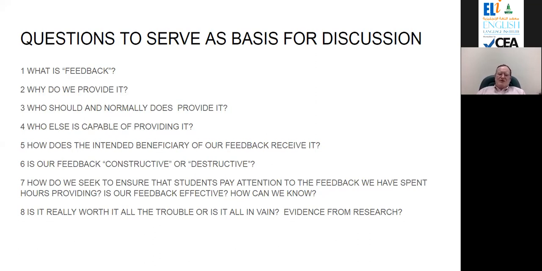It's a more inclusive term, and it entails the student taking some action. Ideally the student should learn from the feedback. It's more of a process than the end result.